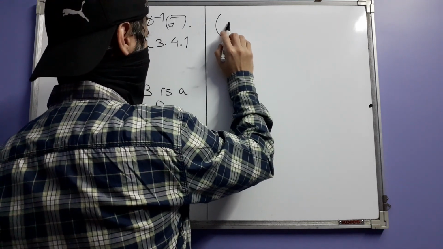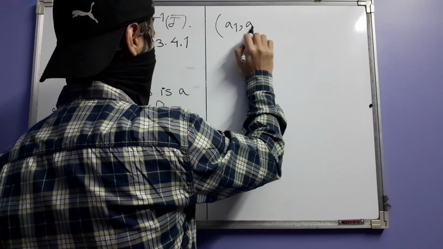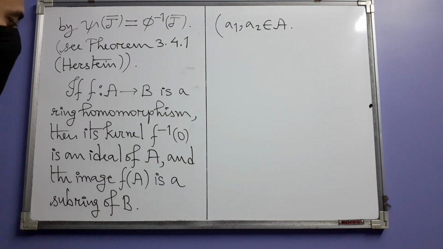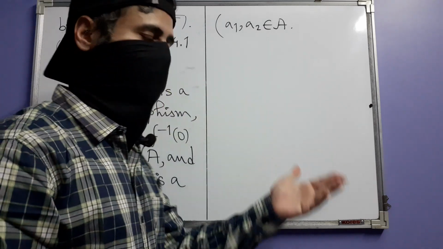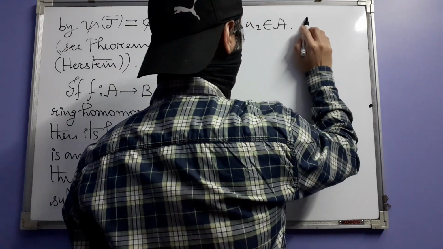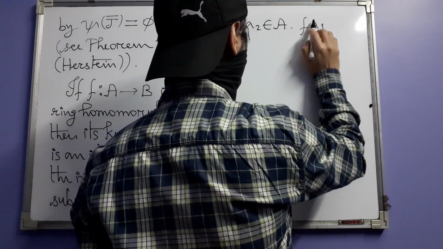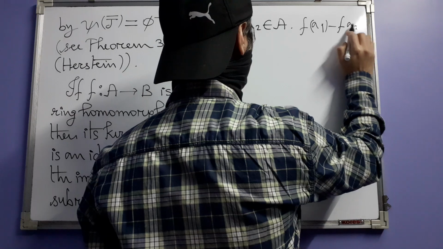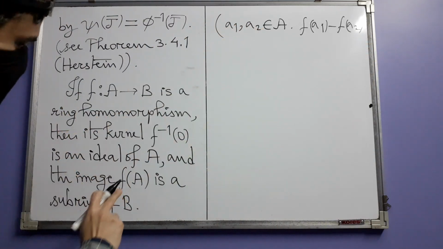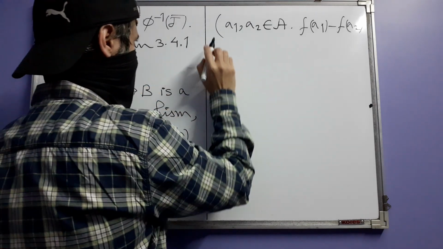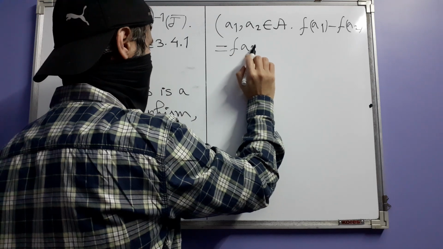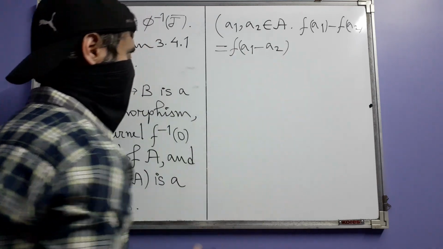So you just take 2 elements a1 and a2 in A, so that you will get the 2 elements f of a1 and f of a2 in f of A. Now let us take their difference, because these then become 2 elements in f of A, and we are looking at their difference. Since f is a homomorphism, this is f of a1 minus a2.